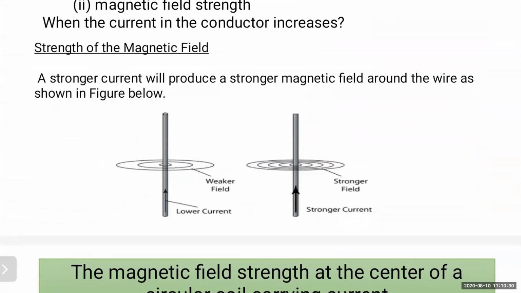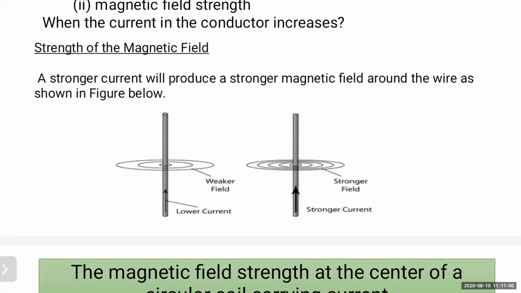In previous slides we have already learned that if we increase the current, the intensity of the magnetic field also increases, as shown in the figure.